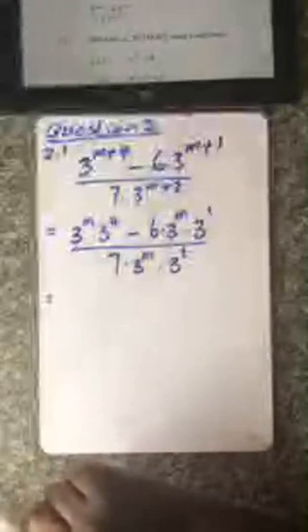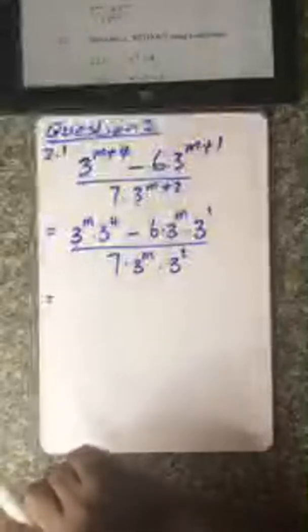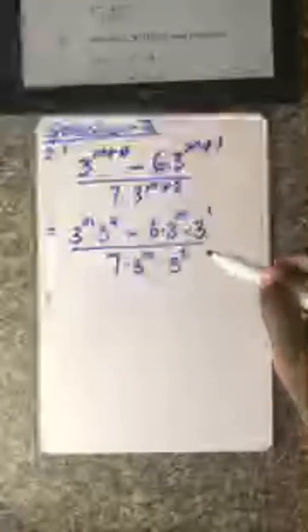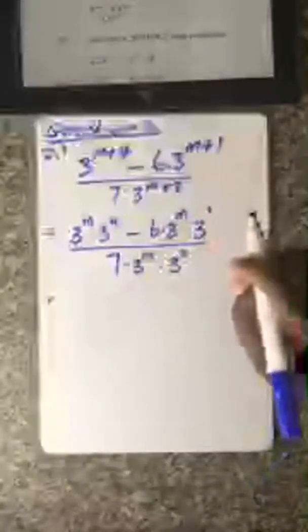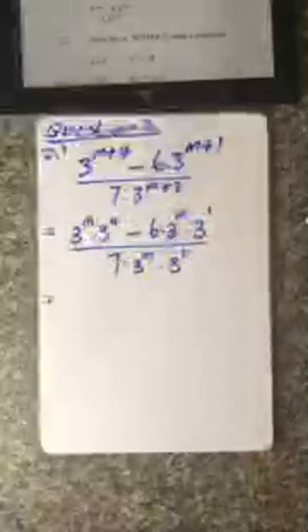So that's why I'm saying at all times, please make sure that when you start a simplification, you start with an aim. In this case, the aim is to take out 3 to the exponent m as a common factor.